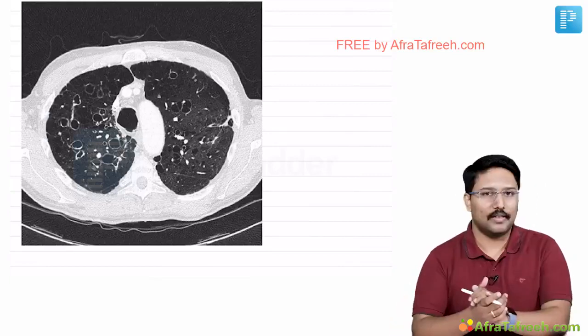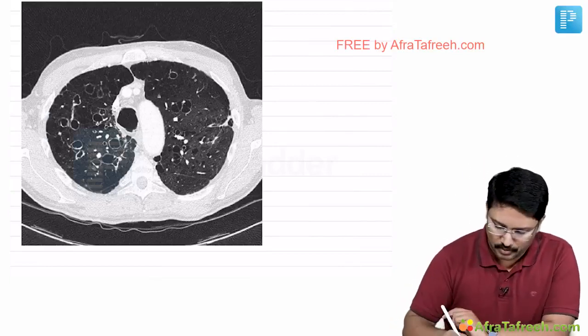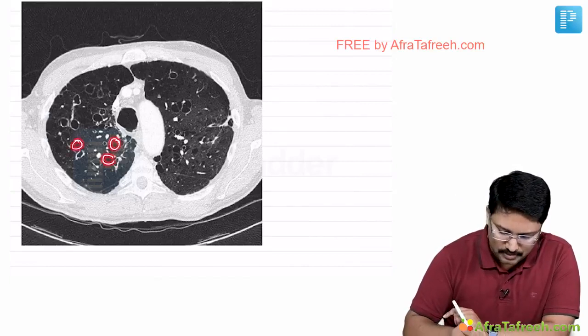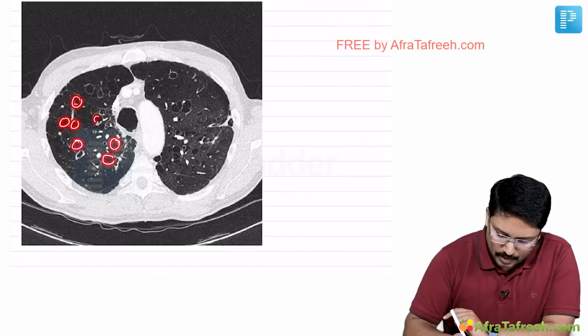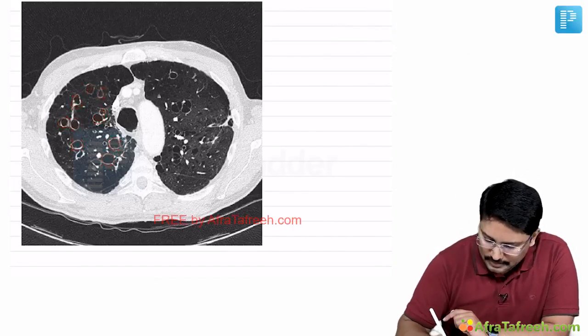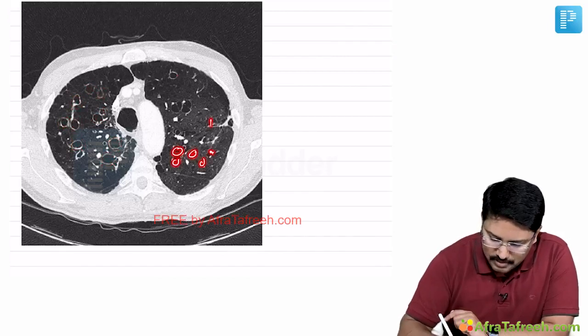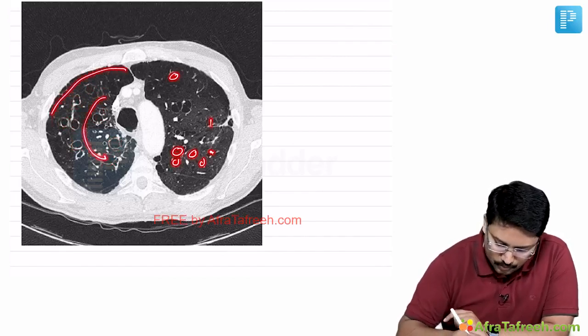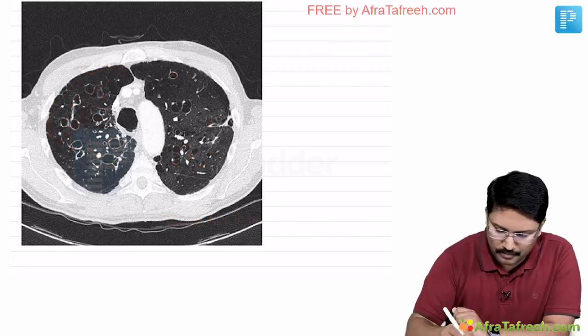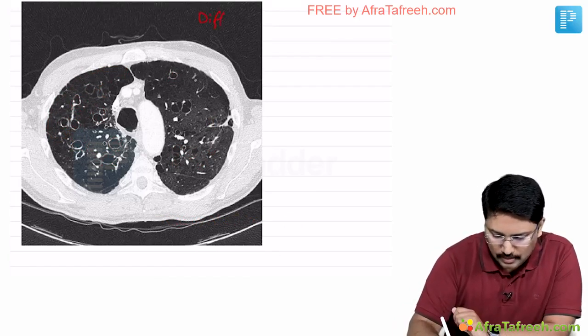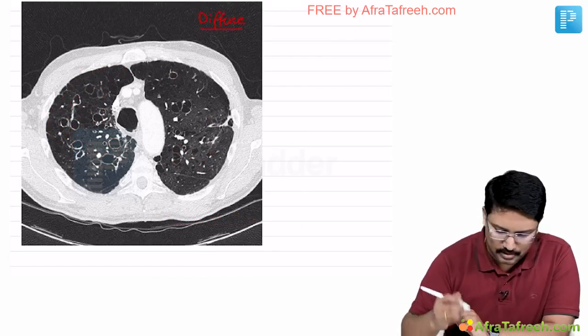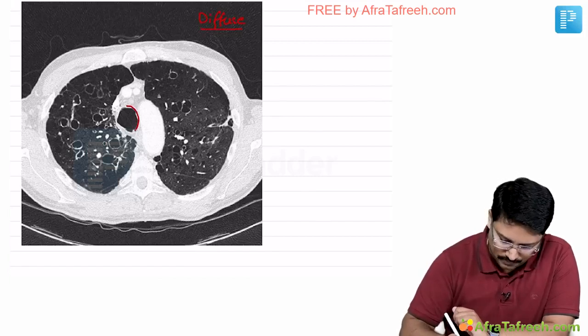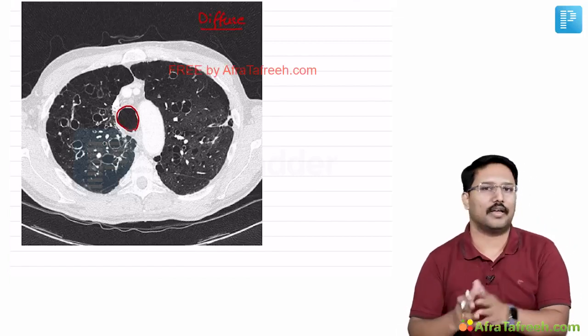Look at this HRCT. In this HRCT, I'm sure you're already looking at the cystic dilatation of the bronchi, and you're also noticing that it is more diffuse and more extensive, spreading out from proximal to peripheral. So it is more diffuse. I think you agree on that. Apart from that, if you notice the tracheal tree, you will notice that it is quite dilated, right?